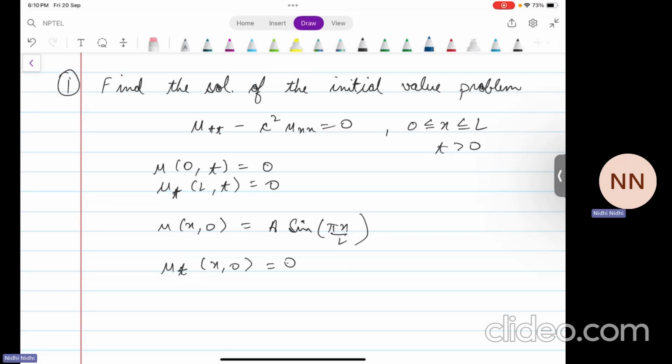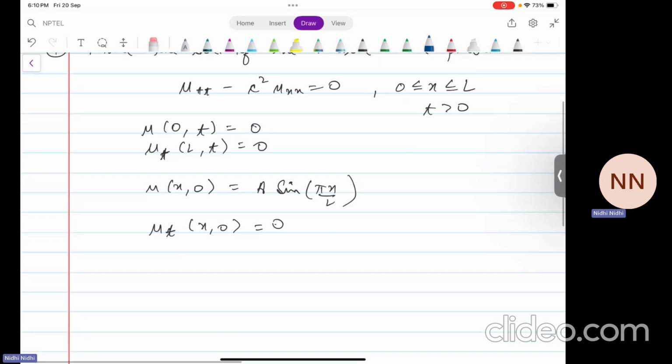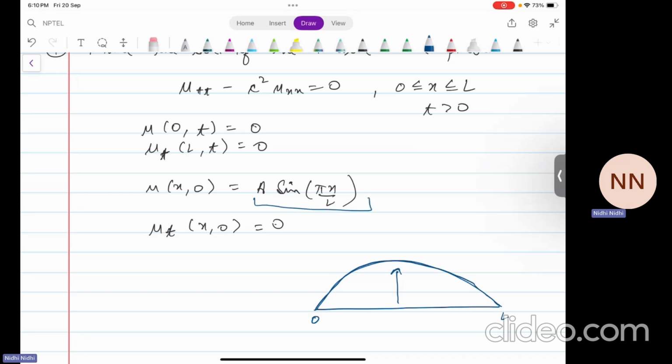So if you want to see how it looks, initially we have a string of finite length, 0 to L. At time t equals 0, it is something of the form like this. The string is displaced a little bit, and the shape of the string is the same as the curve of this function at time t equals 0.